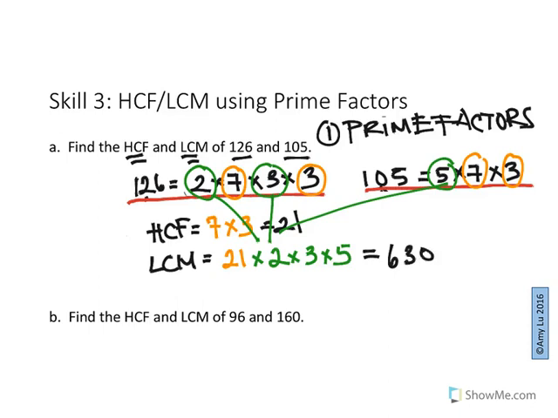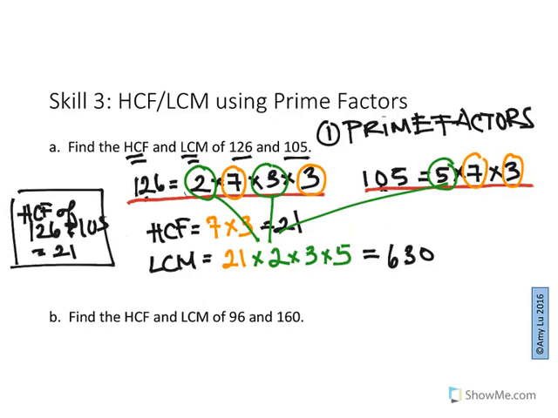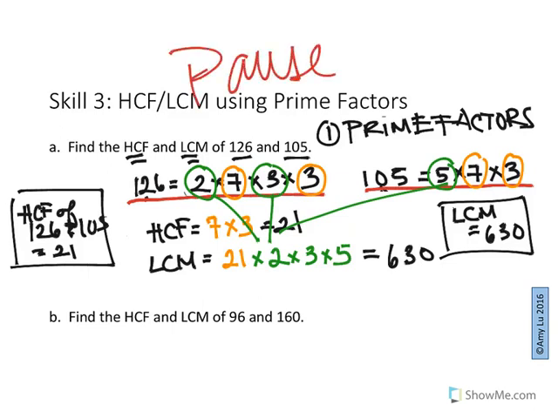So to finalize this answer in a more formal way, the highest common factor of 126 and 105 is equal to 21. The lowest common multiple is equal to 630. At this time, pause and complete B.